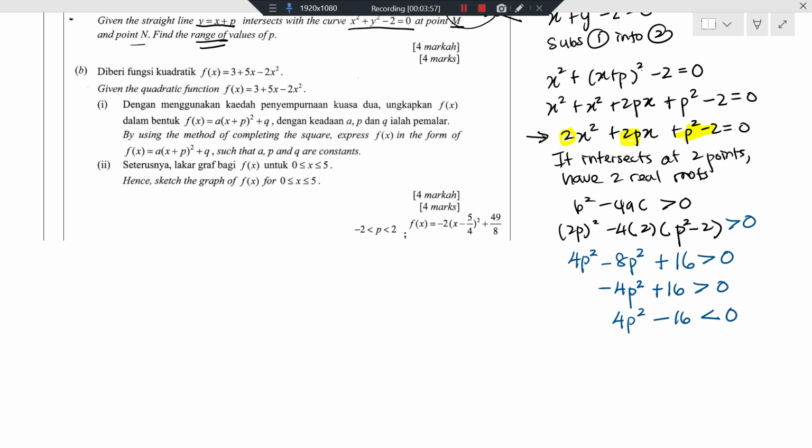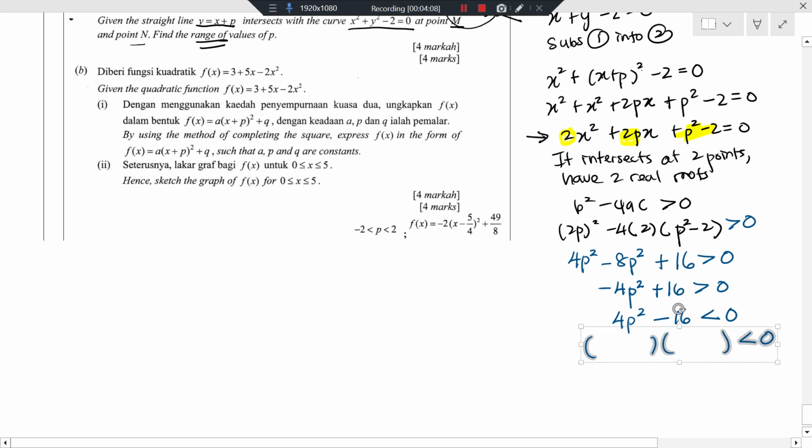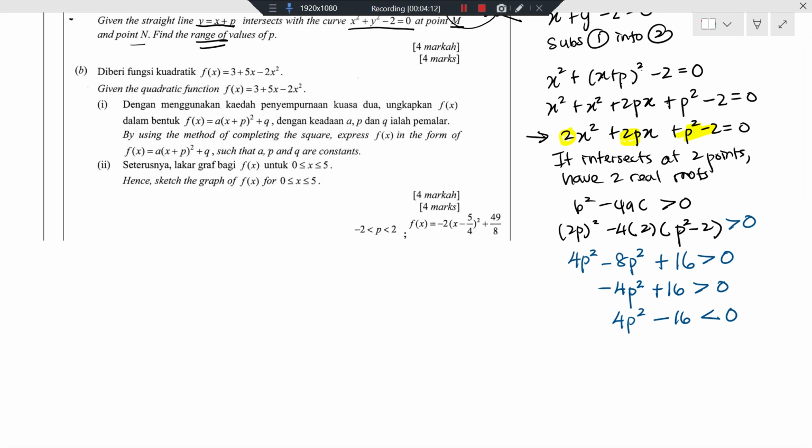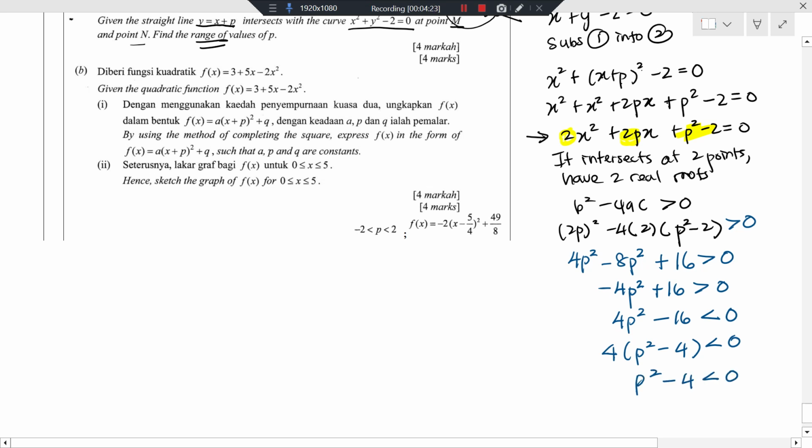So once you multiply with negative, the symbol changes, and then you can simplify first before you factorize it. Okay, the whole thing can be divided by 4, right? So p square minus 4 less than 0. Then 0 divided by 4, you get 0 back, right?